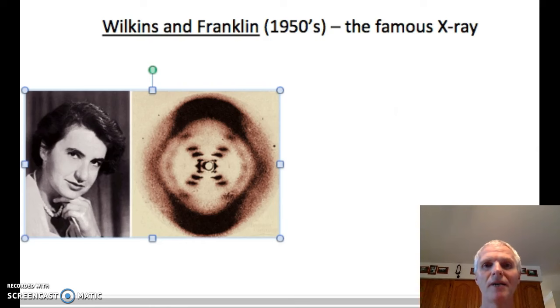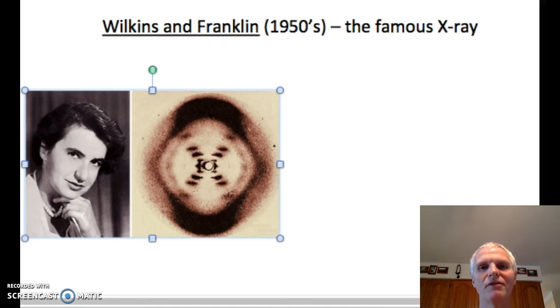The next people I'd like to talk about are Wilkins and Franklin, and I believe they were both from England. And if you look, that's Rosalind Franklin on the left, and the picture on the right is called Photo 51. That's the famous X-ray picture of DNA. And they did their work, and unfortunately, shortly after this photo was published, Rosalind Franklin got cancer and passed away.